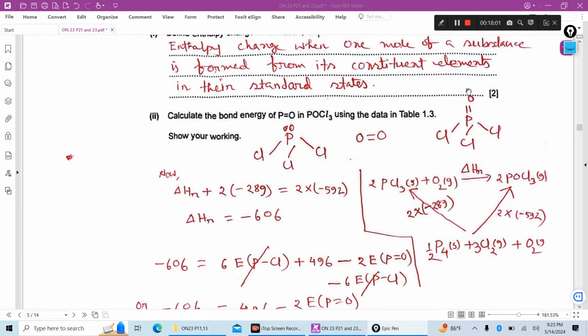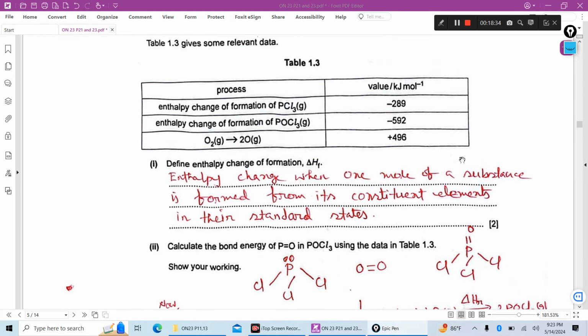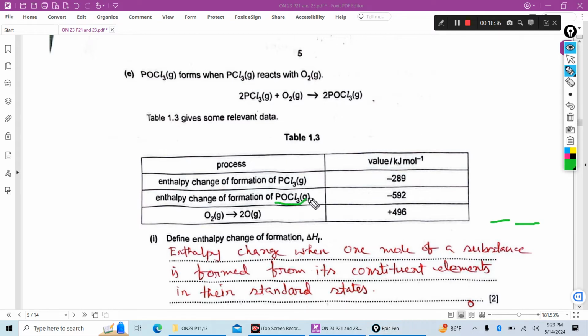Then you see this phosphorus trichloride oxide is formed from its elements, I mean phosphorus P4, chlorine and oxygen. So here 2 moles of phosphorus trichloride oxide are produced. So from this to this the enthalpy change will be 2 times minus 592. This value is the given enthalpy of formation of phosphorus trichloride oxide, minus 592.